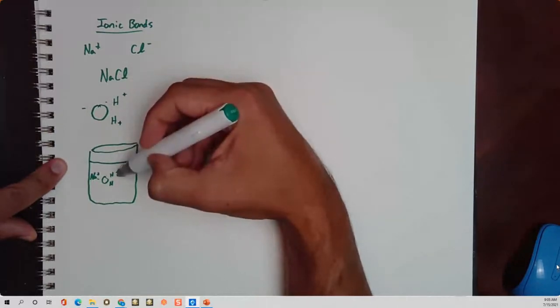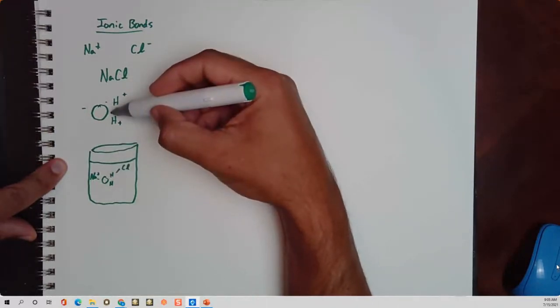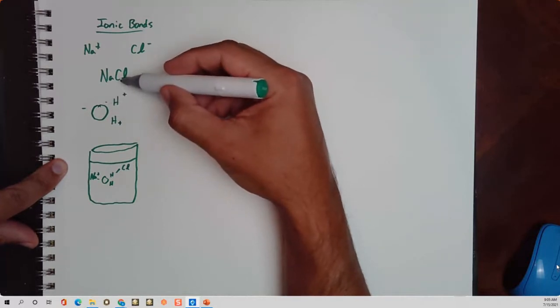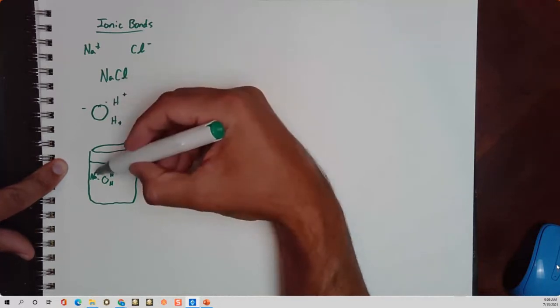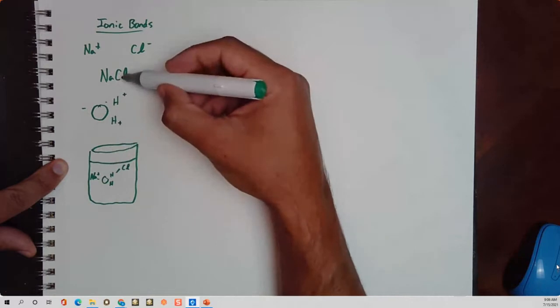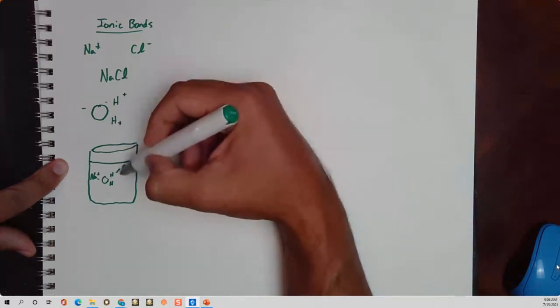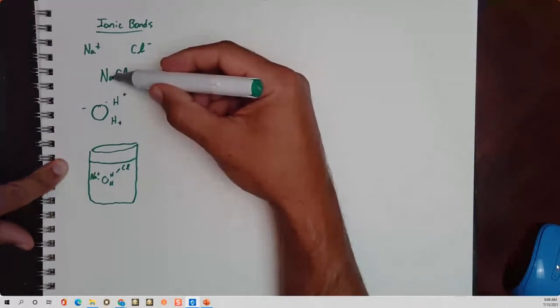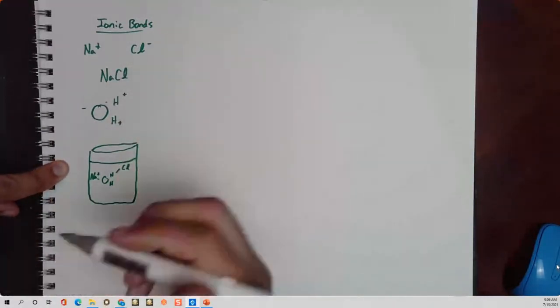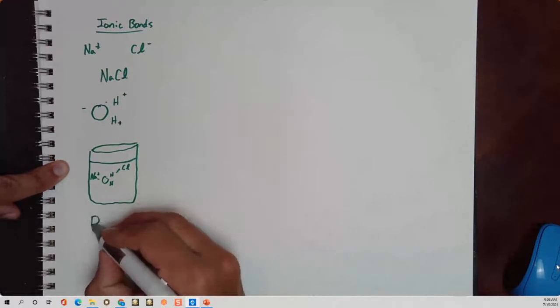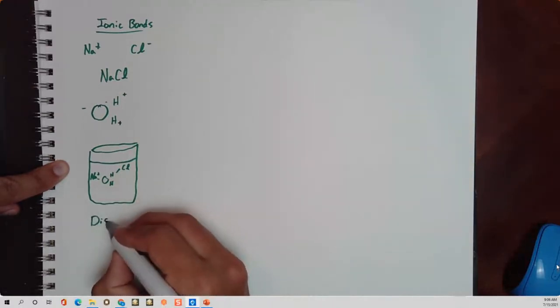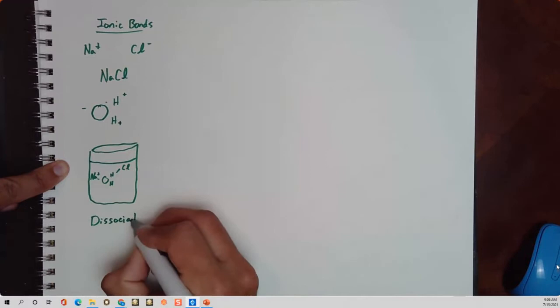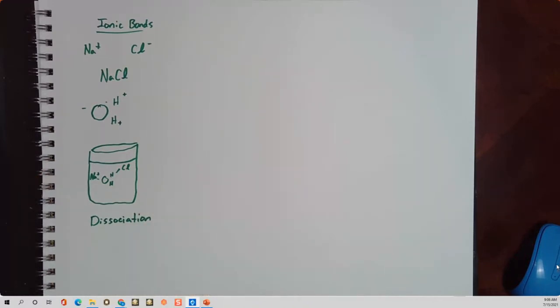Water and the properties, the polarity of water rips this molecule apart because the sodium's more attracted to the oxygen than it is the chloride. And the chloride's more attracted to the hydrogen than it is the sodium. Does this make sense? This is called dissociation. And I hope that helped a few people that didn't understand dissociation. Dissociation is not the same thing as dissolve.